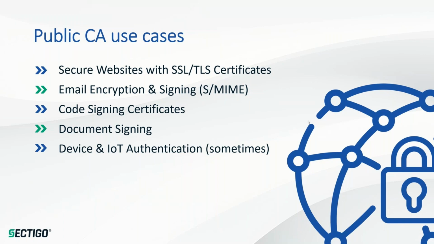Code signing, I sign the code and then it's going to go and sit on Windows devices and it just has to work. And those aren't necessarily Windows devices that I control. Doc signing, same thing. I sign a document. Other parties need to be able to access that document, and I don't control their environments, right? And that's where the IoT and device situation comes in, which is maybe not. It kind of depends on the circumstances, right?